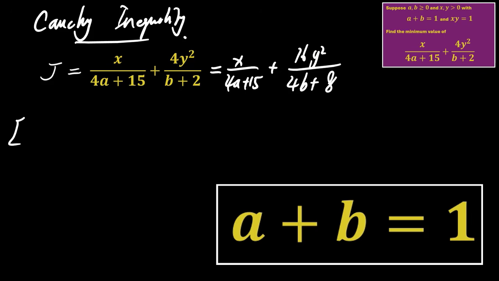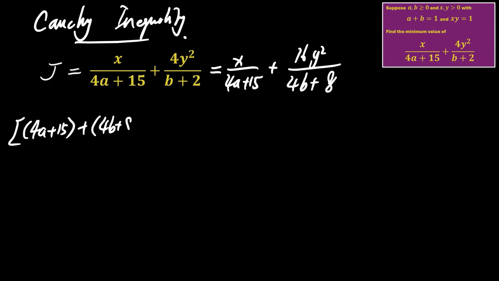So using Cauchy inequality, we know that 4a plus 15 plus 4b plus 8, times J, is greater than or equal to square root of x plus 4y, the whole thing squared.